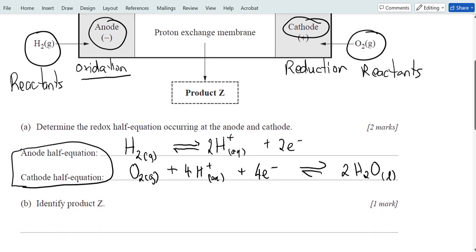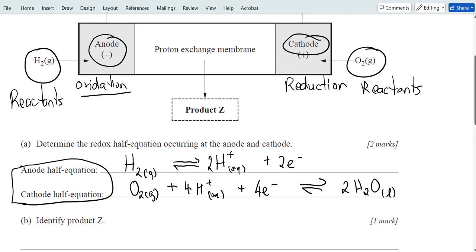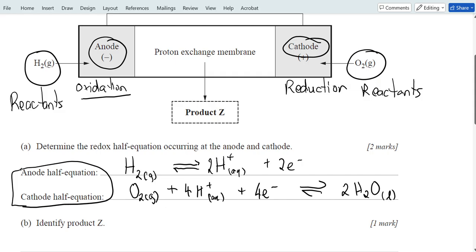If I scroll down a little bit here, identify product Z. There's a couple of ways you could do it. You could look at those reactions above and balance them. If I double the first one, because I need 4 electrons, I have 4 hydrogen ions.